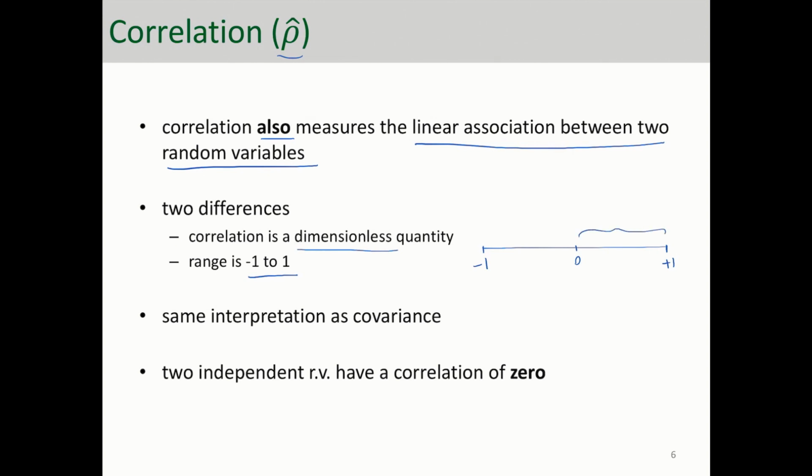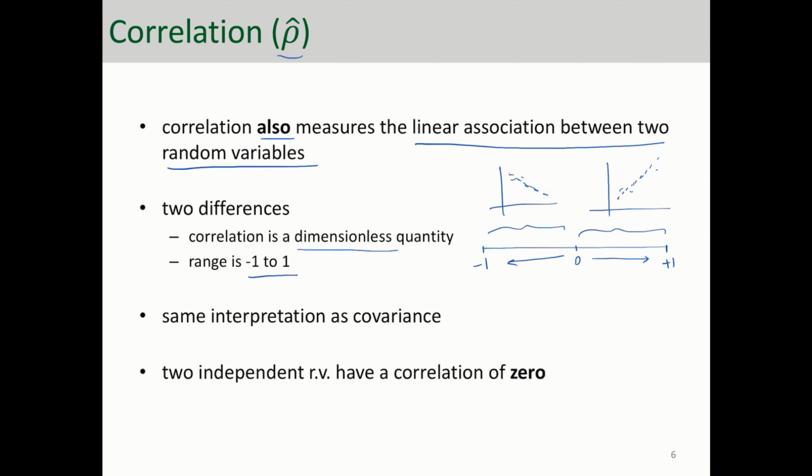For the positive side, you essentially have that direct relationship between two random variables. And for the negative side, you have the indirect relationship between x and y. As you get closer to 1 and closer to -1, the relationship becomes stronger, which means your data is going to follow a straight line more closely.